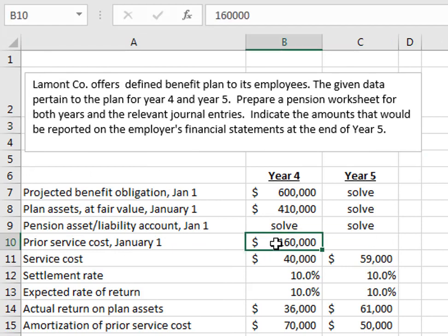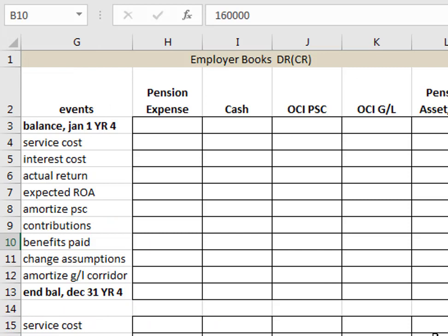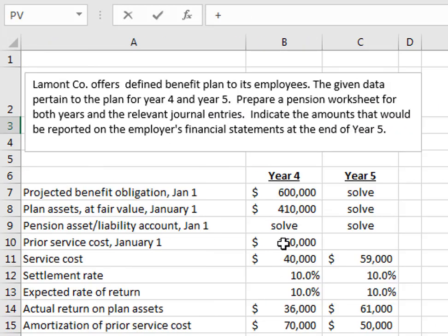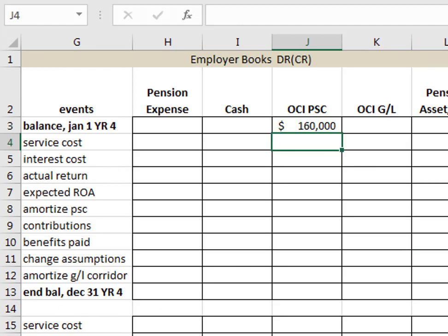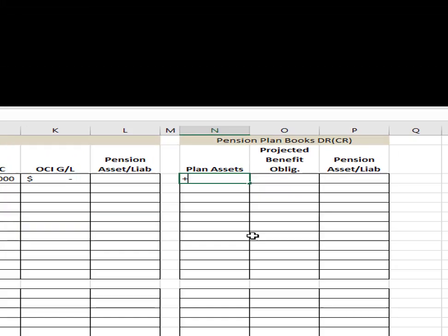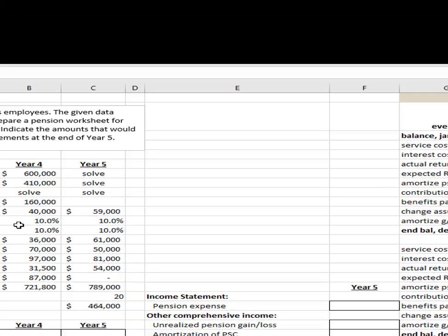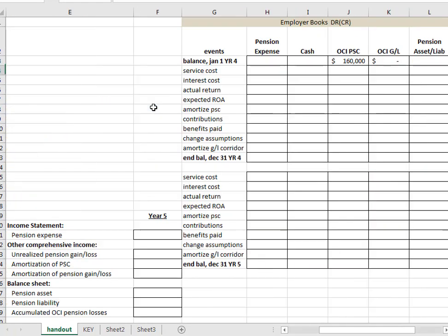Okay, we do have a prior service cost, and I don't see a beginning for OCI other gains and losses. They would have to tell us if there is one. And then beginning plan assets, this is the pension plan assets, are there.